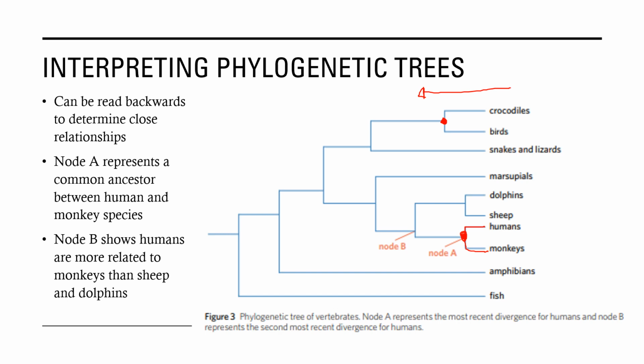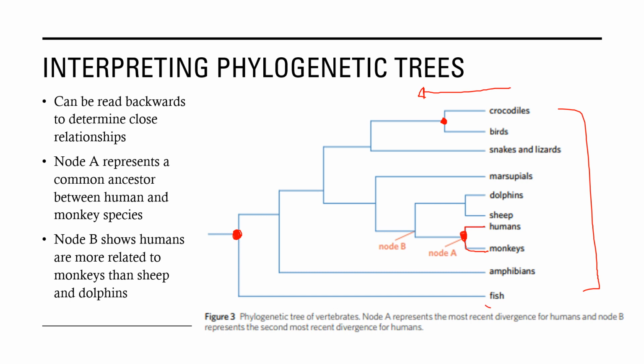So the closer they are to the right-hand side or to these leaves, the more recent they are. The more towards the left, the older they are. So this node here represents the oldest common ancestor for all of the species in this tree. And we can keep traveling back in time.